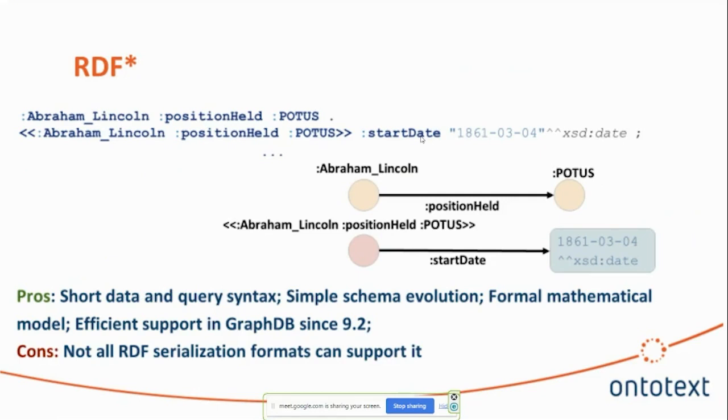It's a draft version, but soon will become one. So the good news is that GraphDB has already supported it since 9.2. Currently, we are at version 10, so it's quite efficient, tested, and it could be used. In other words, we have 6 different mechanisms that we can choose from based on the specifics of the use case, to model really very complex data.